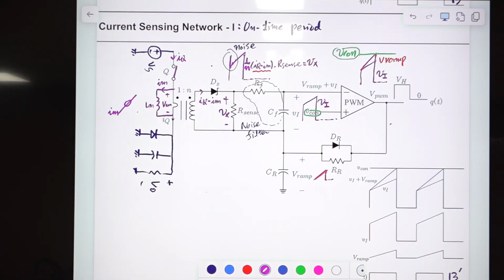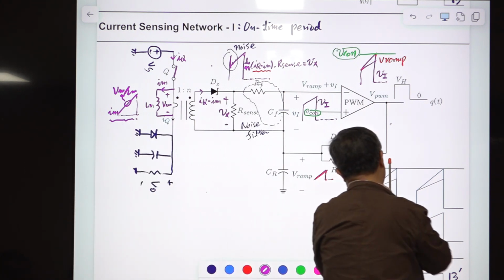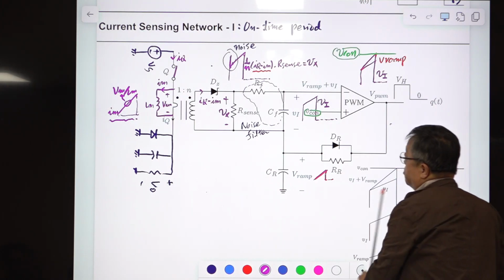Then the slope of Im is Vm divided by Lm. So this magnetizing current increases from zero, flowing through this direction and coming out here. This is the on-time period, just half of the switching waveform up to this point.